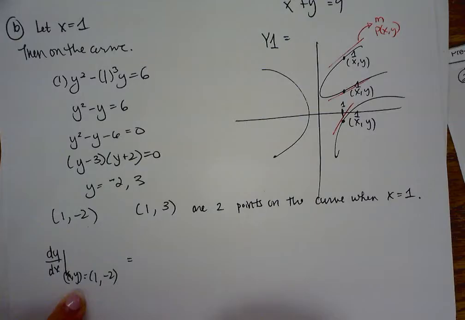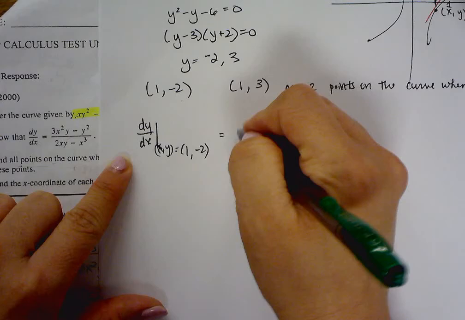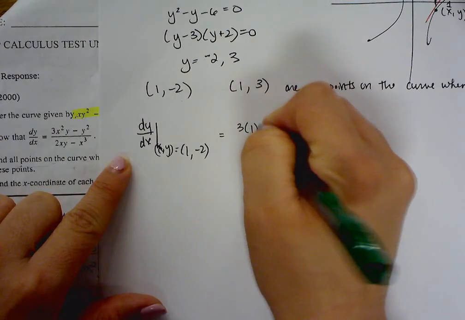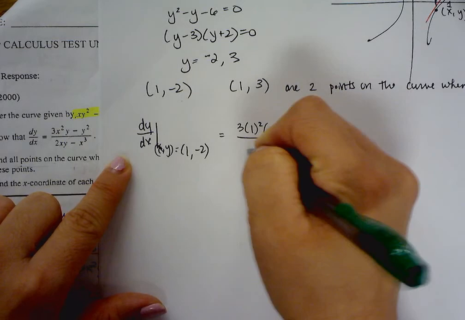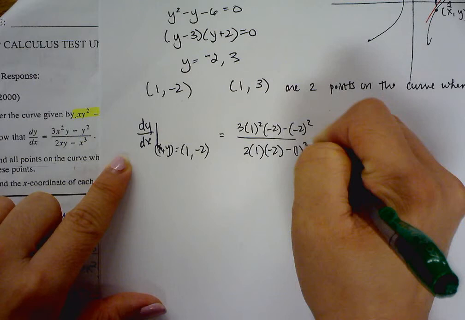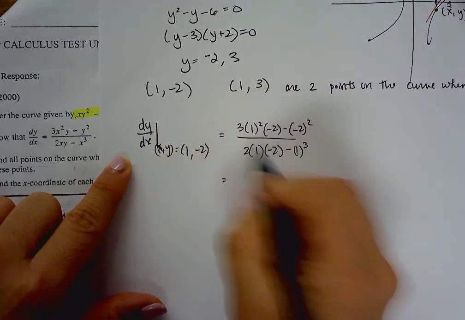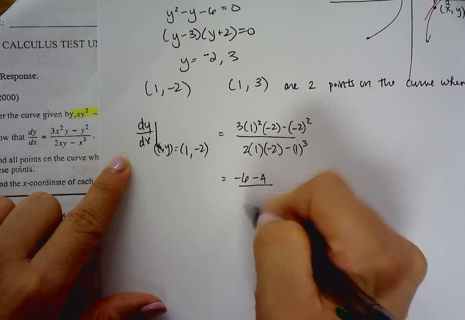Well, they already told me from the beginning what the formula is, right? It's this guy. So I'm going to plug in 3 times 1 squared times negative 2 minus negative 2 squared, all over 2 times 1 times negative 2 minus 1 cubed, which is negative 6 minus 4 over negative 2 minus 1. Is that right?